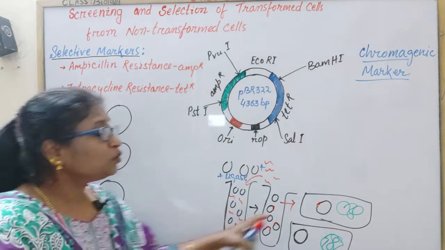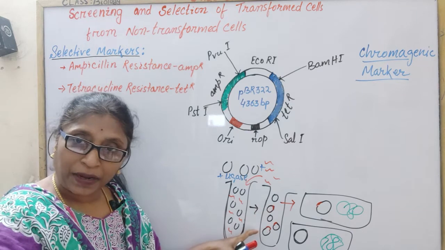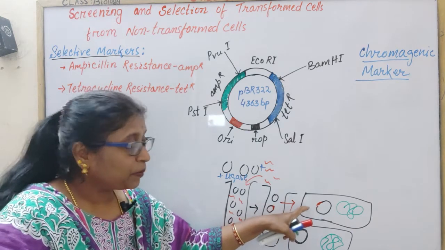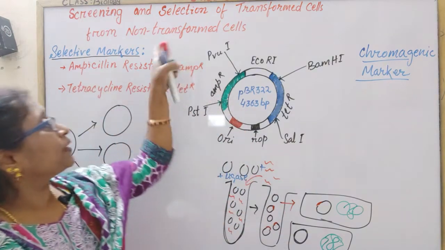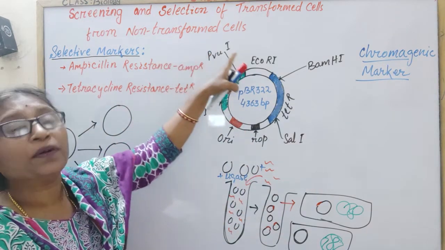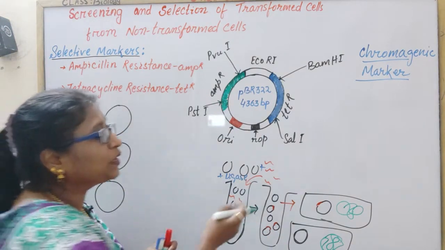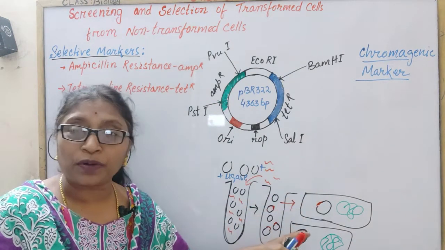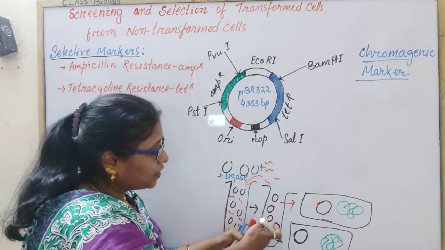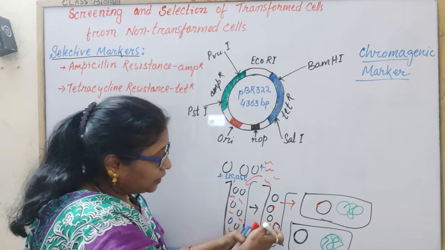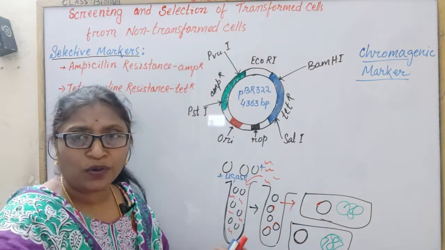So how can we segregate the transformed cells from the non-transformed cells, how will we select, so that we can use this particular host cell, or this recombinant plasmid, for cloning?